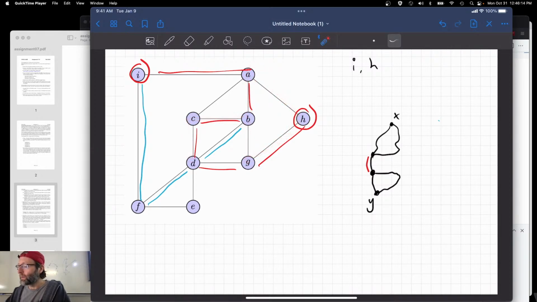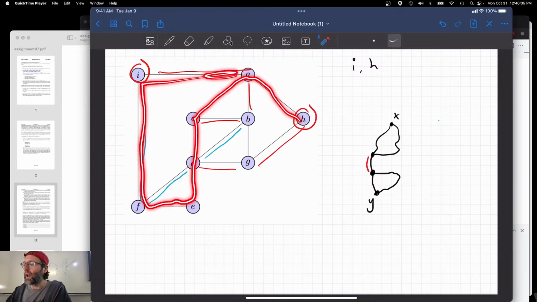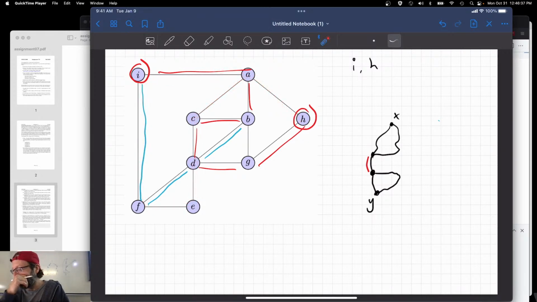There's no other cycle there. Only one cycle. I think so. Yeah. Because you have to come out and then get to I somehow. But this is a bottleneck right here, so you can only go that way on that one and that way on that one. So there's only one cycle. And A is also a bottleneck. Yeah. Well, A is not a bottleneck because you can go like this, but then, yeah, in that sense, it's a bottleneck.